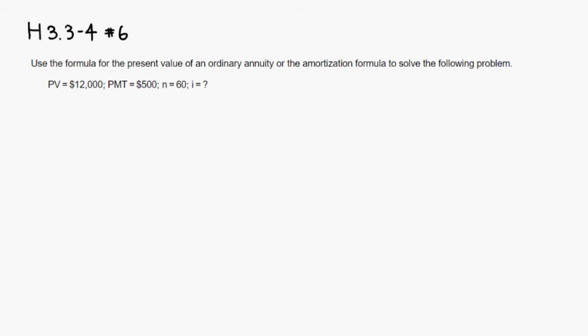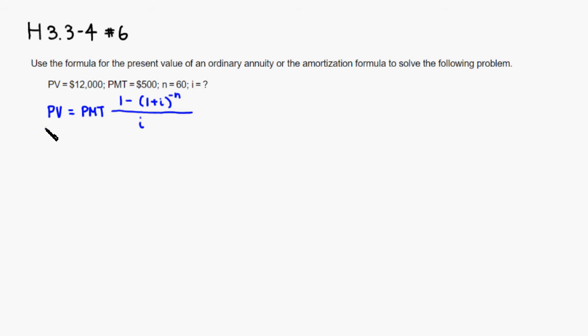So if you plug it in, the formula is, present value is equal to payment times 1 minus quantity 1 plus I raised to the negative n over I, right? So we plug in all the values that are given.